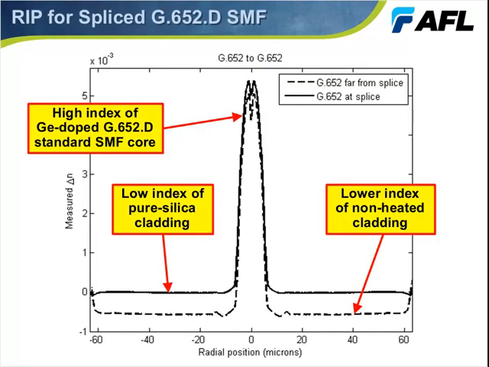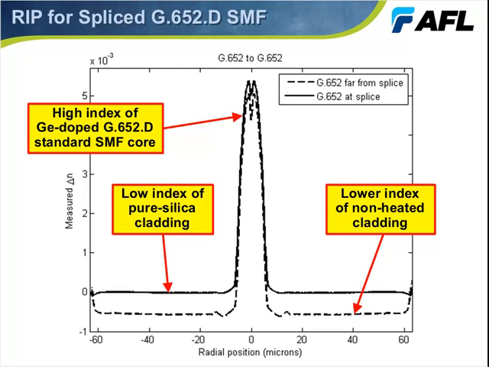Moving to the next slide, you can see the refractive index profile for a standard single-mode fiber. And in this case, it's just a pure silica cladding and a germania-doped core. And you actually see a dotted line graphical representation and a solid line representation.